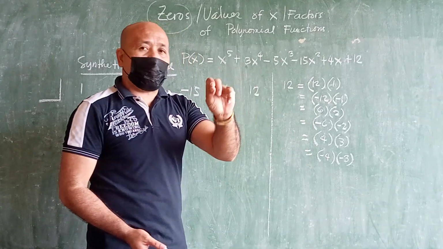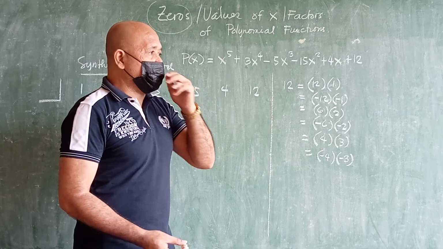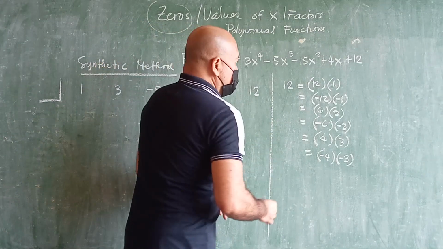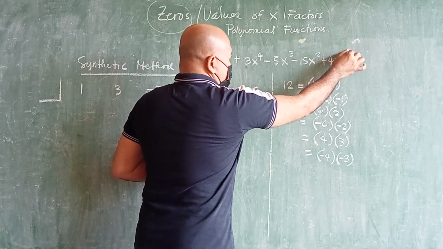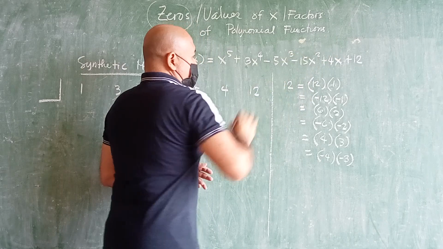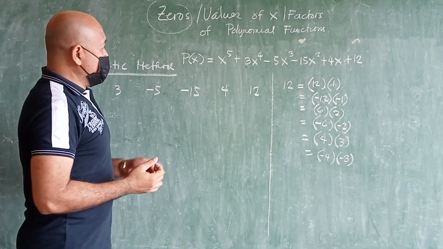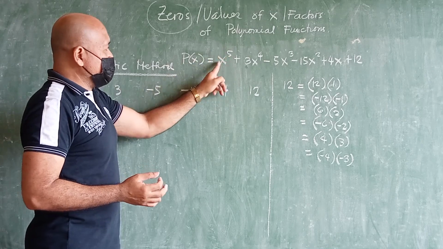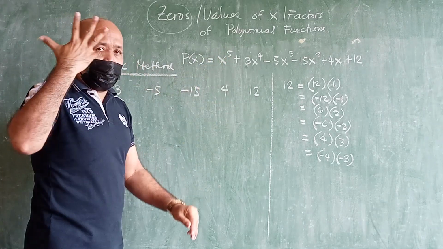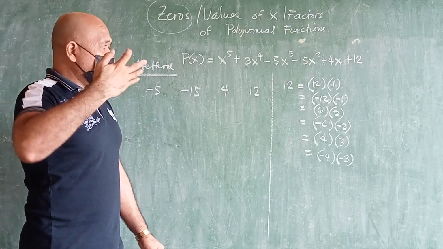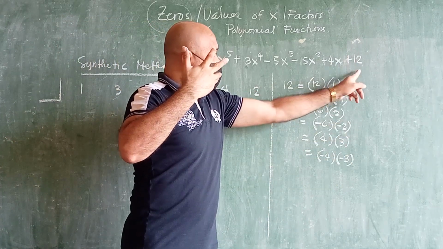Try to drop some of the integers here. When you say drop, try to remove from the choices. So, for example, if the last digit is 12, it means that when you have the 5 values of x here, and when you multiply these 5 values, this will give you the product of 12.